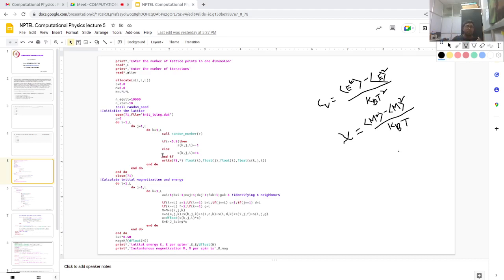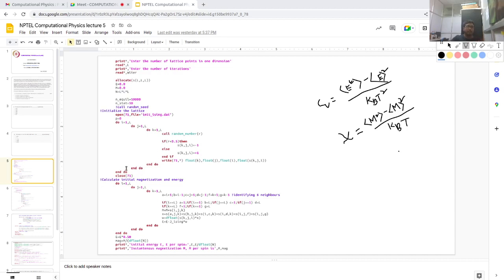So if this h is less than u, then E equals E plus dE, and again I am going to assign the value of the magnetization in the same way. So this if statement holds if dE is less than 0, or the random number which I am going to generate is less than the maximum probability of accessing those microstates which have energy greater than the previous state.